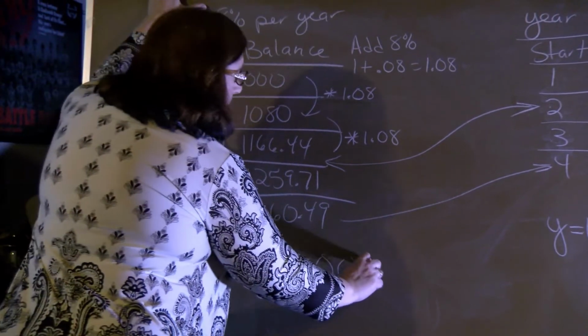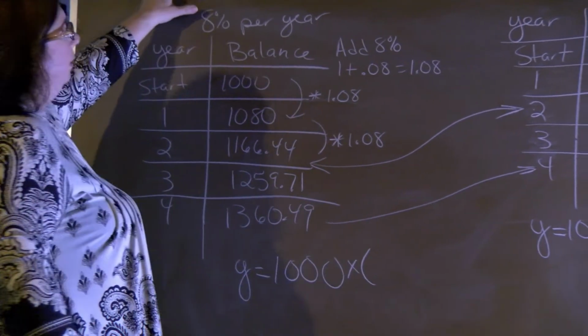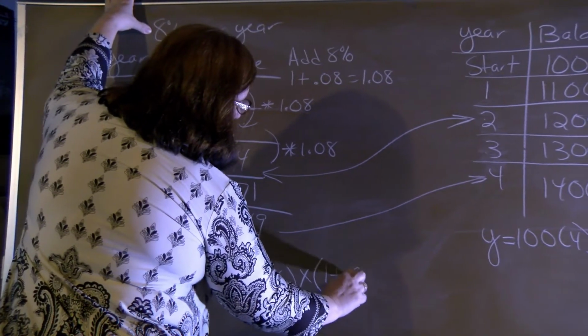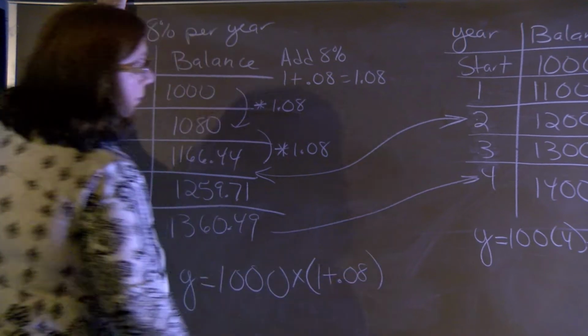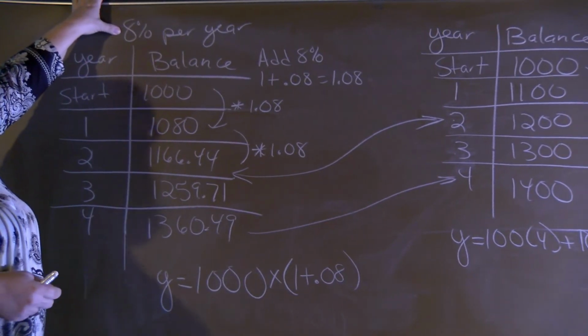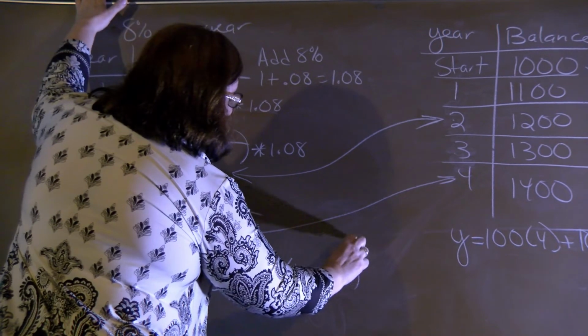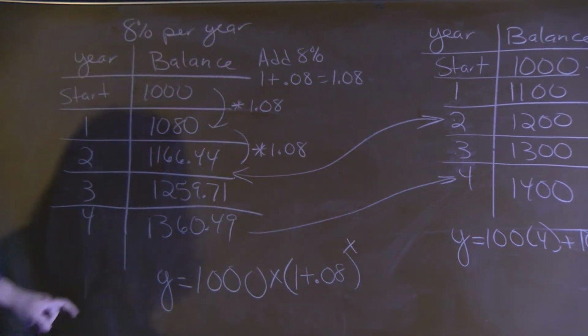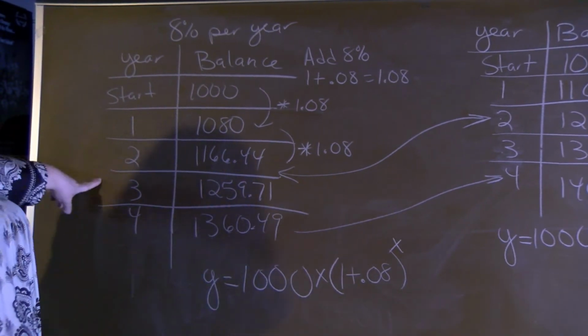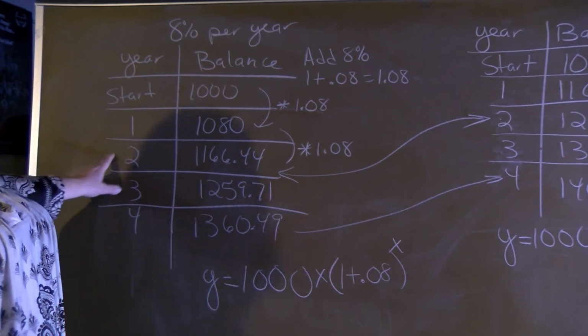And then we multiply by our percent, and we're increasing, so it's a 1 plus trick. Write the percent as a decimal, and then our exponent. Now, if you wanted to get this answer, then you'd plug 4 in. If you plug in 3, you should get this one. If you plug in 2, you should get this one.